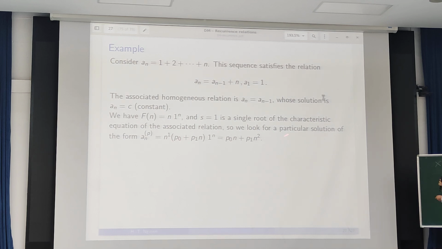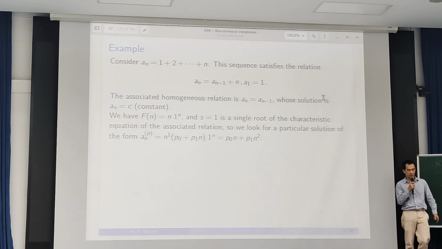So in general here we have this form. We look for a particular solution of this form. We have n to the power of the multiplicity, 1, here. Okay. So here we know that the polynomial has degree at most 1, so we can write it as p0 plus p1n. Okay? It's a polynomial in n. And here, if p1 is non-zero, then we have a polynomial of degree 1. And if p1 is 0, then we have a constant, which is a polynomial of degree 0.